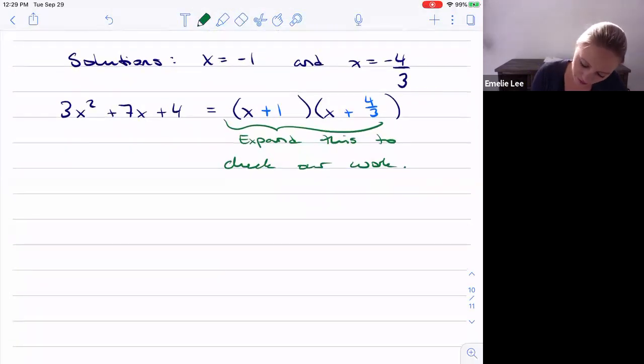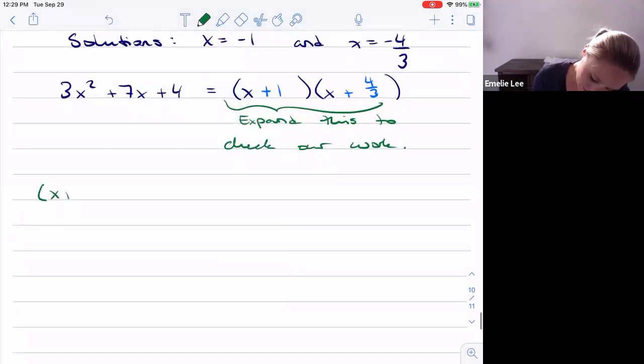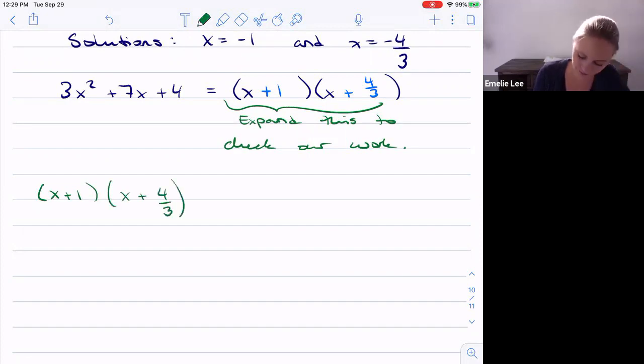So if we have to expand, I'll keep it in green maybe, x plus 1 times x plus 4/3. Sorry, I've got a tickle. So start trying to expand that. Don't be scared of that fraction.